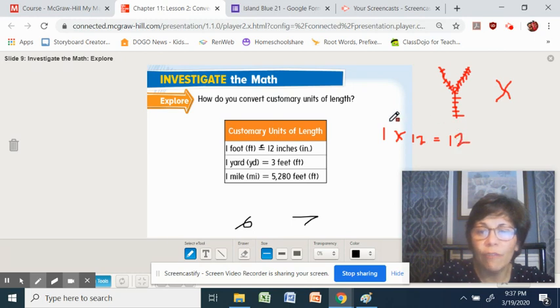So 1 foot times 12 is 12. If I say 2 feet times 12, so 2 feet times 12 is what? 24 inches, and so on and so forth.